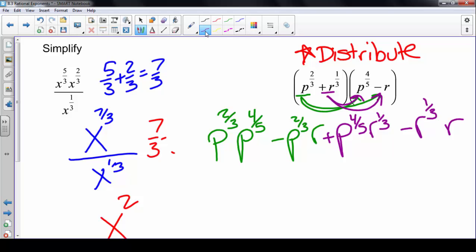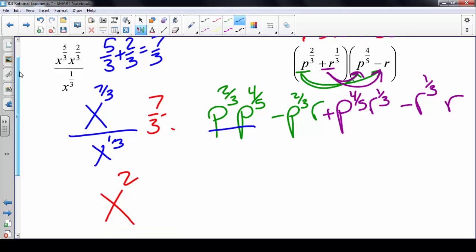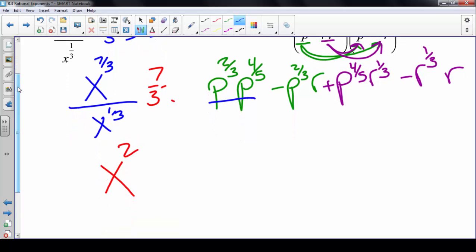And now let's go ahead and combine whatever exponents we can. So notice here we can add our fractions, because when it's multiplying like bases we add our exponents. So we have 2/3 plus 4/5, common denominator 15, multiplying the second one times 3, the first one times 5.